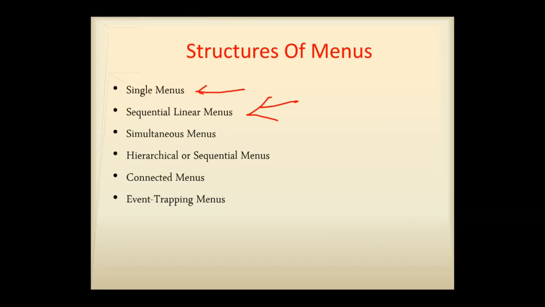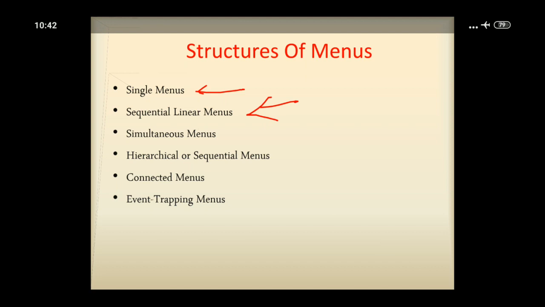Moving on to the next one, that is the simultaneous menus. Instead of being presented on separate screens, all menu choices are available to us simultaneously, right? So the menu may be completed in the order desired by the user.